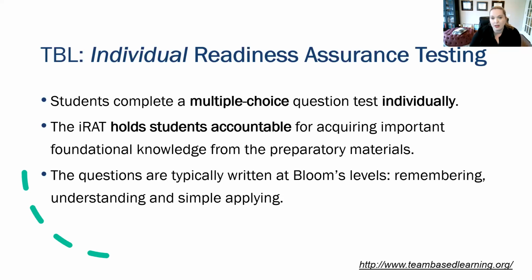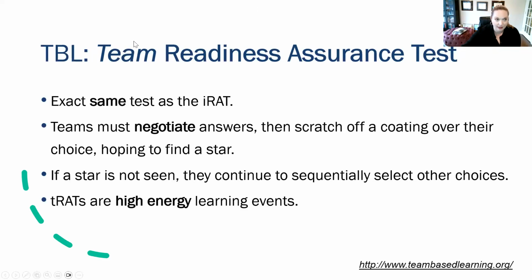The questions are typically written at Bloom's levels of remembering, understanding, and simple applying. So again, the individual test is mapped onto those preparatory materials. It's the need-to-know information at the lower levels of Bloom's taxonomy. Following this, the exact same test is completed as a group.